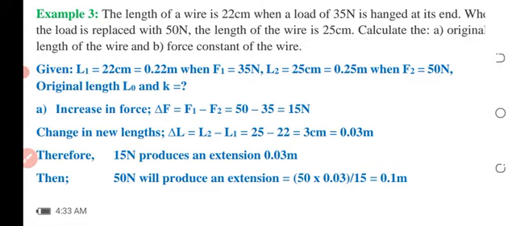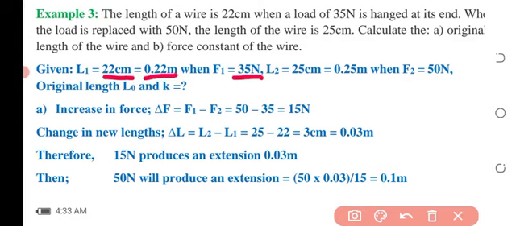Now from the question, we have L1, that is the length produced when a load of 35 Newton is hung. So we convert this to meter, having 0.22 meter. Now we also have the length produced when the load is replaced with 50 Newton. So we have to find the original length and the force constant of the spring.